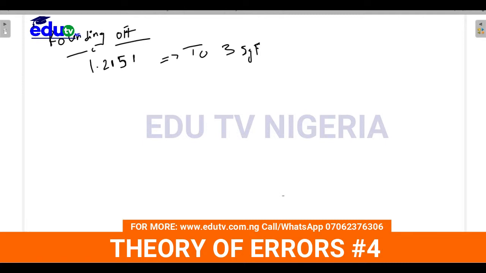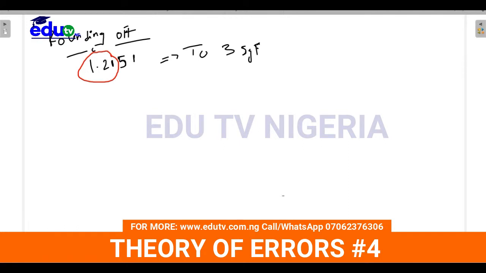We know that we can only have this at the end, not this answer to be exact, but we have this type of answer to three significant figures.